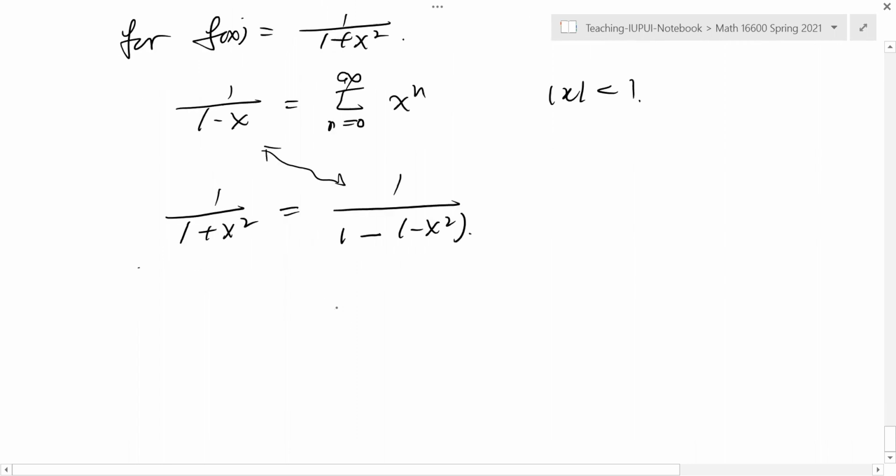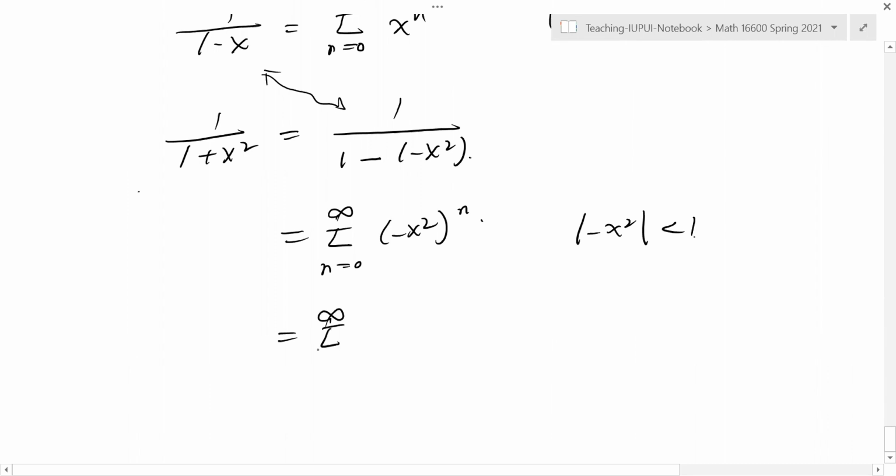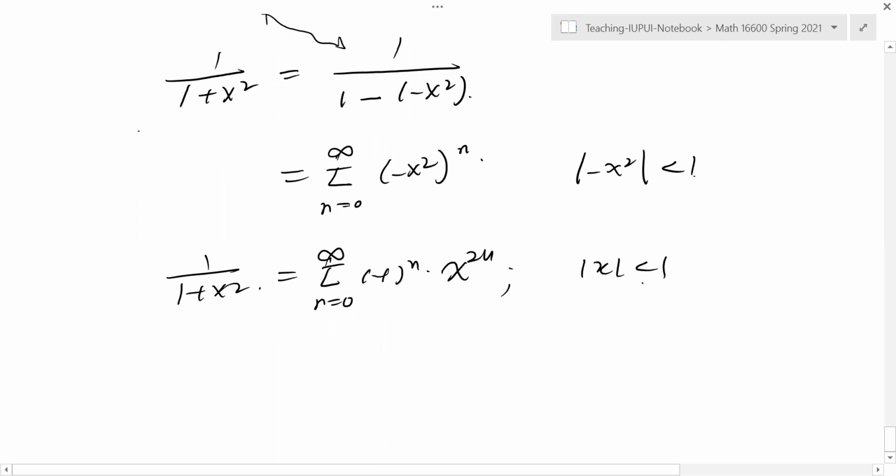So this holds by the above identity: the sum of negative x squared to the power n, as long as negative x squared is less than 1. And this inequality is the same as this inequality. So we have the following identity. Great.